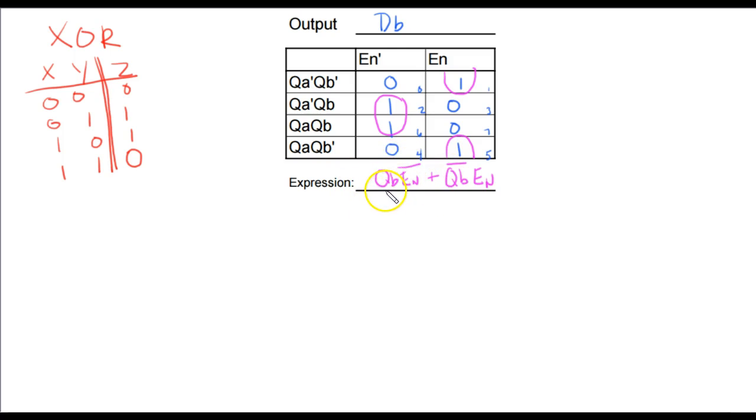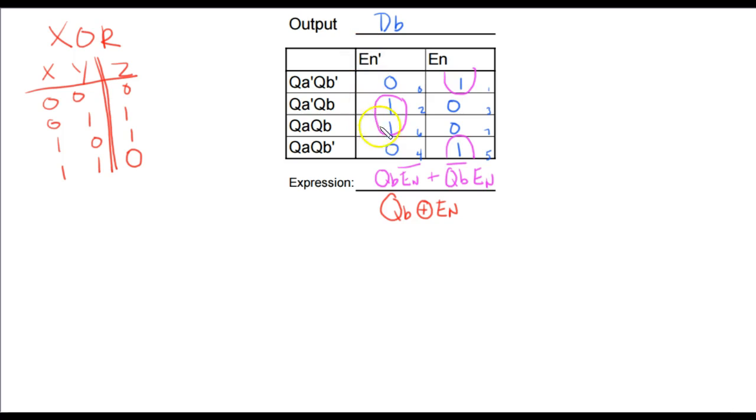If I literally say this, it's Q is true and enable is not, or when enable is true and Q is not. That makes sense. That's an exclusive OR. And the way that we write that is QB plus EN, like that.